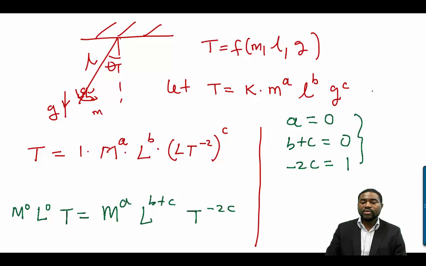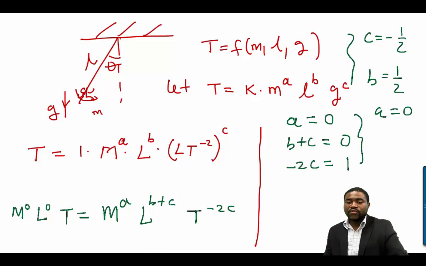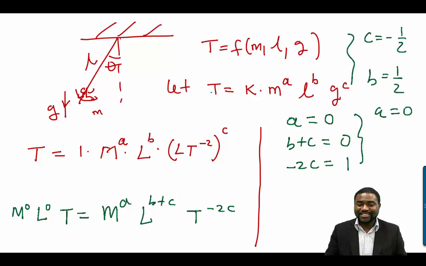Using algebra, you can quickly realize that c is negative half, and therefore b is positive half, and a is 0. We can now replace the values in here.